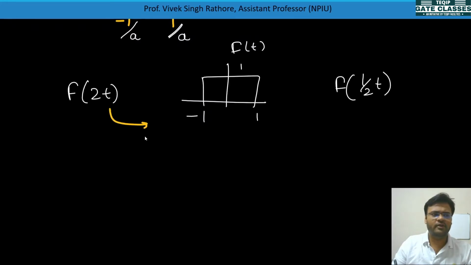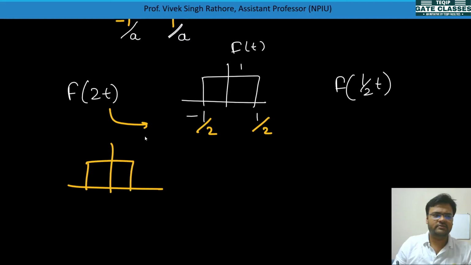For f(2t), I told you whatever a may be there, you need to divide it. So we'll divide. So the value comes here minus half to half, and magnitude will remain same. So you can understand that our signal was -1 to 1 and now it is from minus half to half. Actually this signal has been compressed, okay.